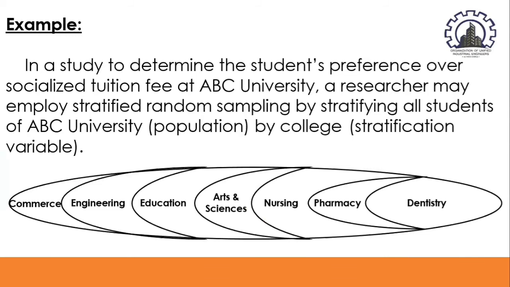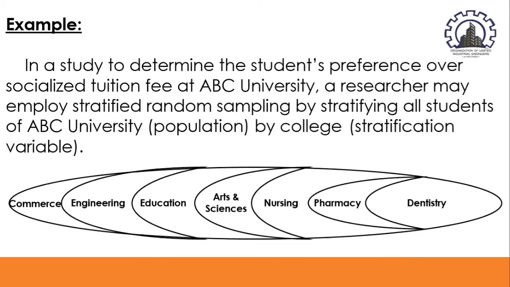Remember, in stratified random sampling, the first thing that you need to do is divide the whole population into subpopulations or strata. So what we did is we divided it by college.